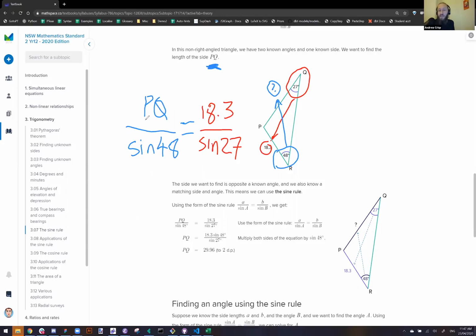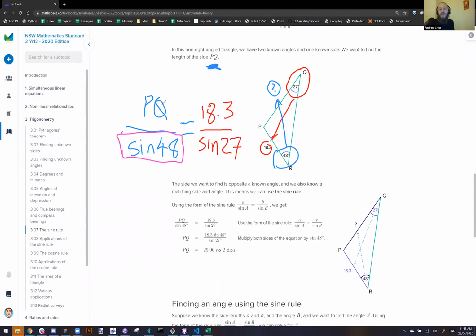If I rearrange this, I'll be able to find PQ. And some wonderful Mathspace content person has already done this for me. Here's my equation. Then I can take this and remember all the way back to our first lesson. Equations are going to take us a long way.